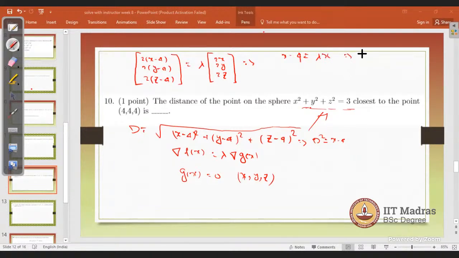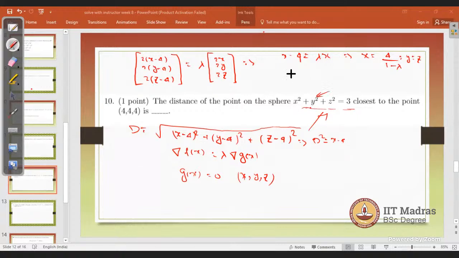So I think we are getting x equals 4 upon 1 minus lambda. Since all the equations are similar, for all the other values we will get a similar answer. So this is the value we got, and we'll put this x, y, z value in this equation.